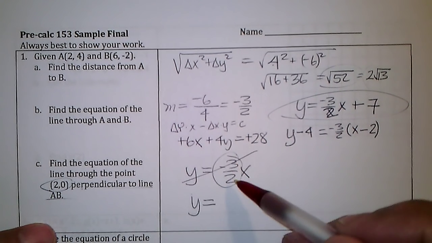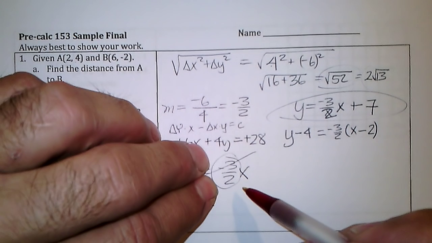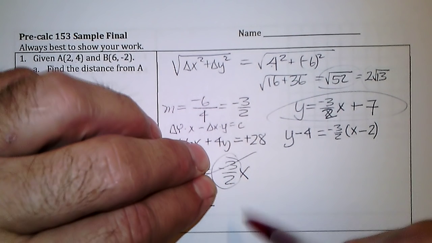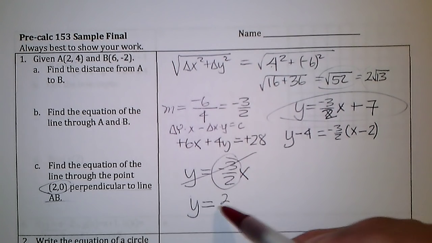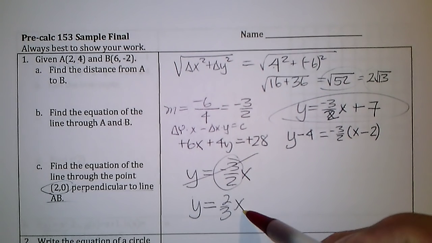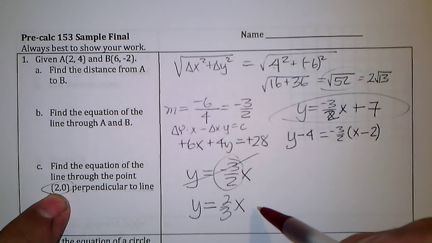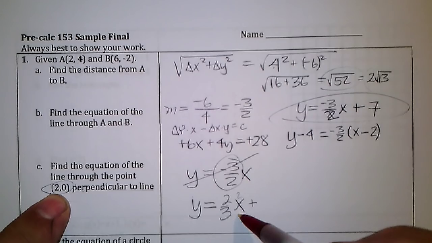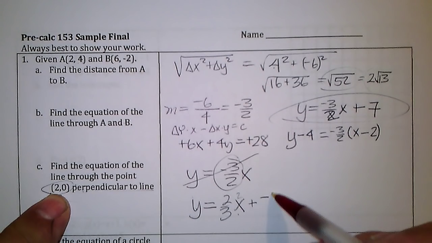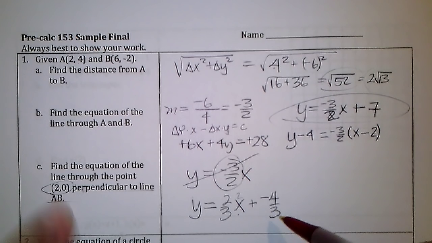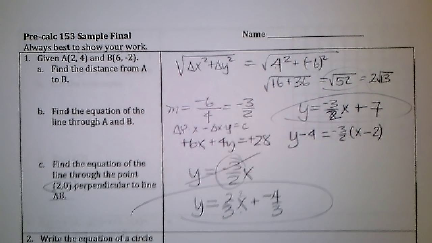So it's not negative 3 over 2, but the negative of it, so that'd be positive. Reciprocal would be 2 over 3 x going through 2, 0. So if I put in 2, I get 4/3, but I'm supposed to end up with 0, so I'd have to have a minus 4/3 to end up with 0.